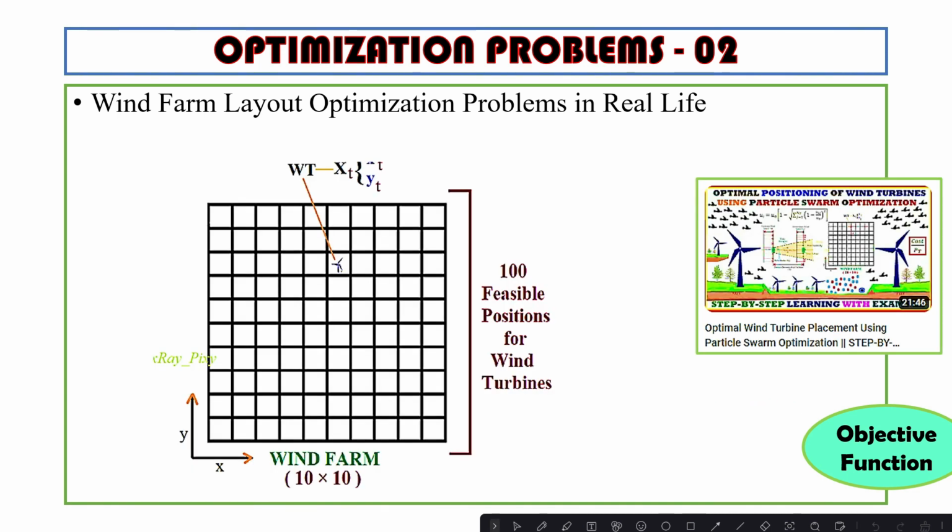Here you can see another real-life optimization problem, the wind farm layout optimization problem, where we want to optimize the wind farm layout for maximum energy production at minimum cost.